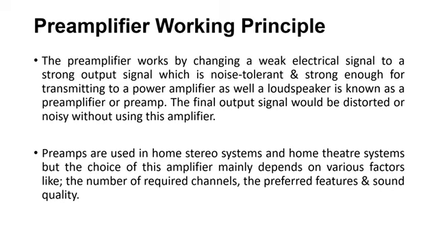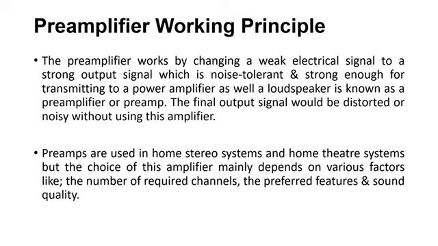This is known as the preamplifier, or simply the preamp. The working principle is that it converts the weak electrical signal to a strong output signal with very little noise, strong enough for transmitting to a power amplifier, which leads to a loudspeaker.